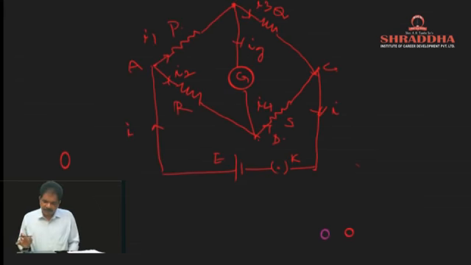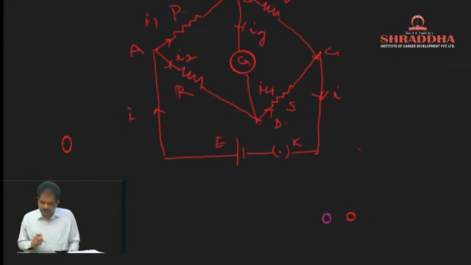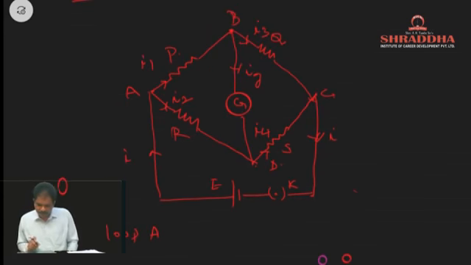Then how to apply the Kirchhoff's laws to find the currents flowing through this, and what is the balancing condition of the Wheatstone bridge? Let us discuss here. So we'll consider the loop A, B, D, A. In this loop, initially we are going from A to B, so that will be drop minus I1P.